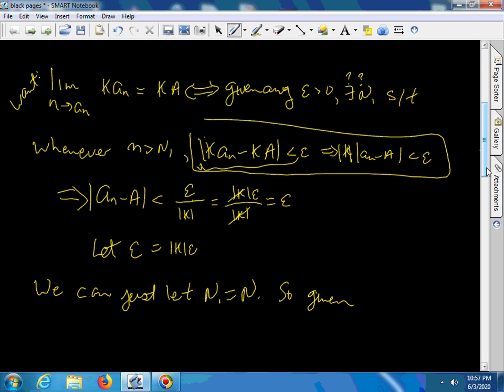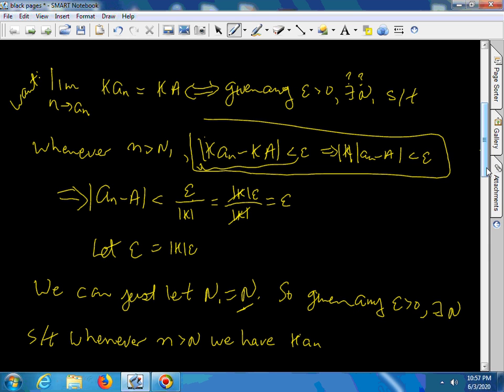So, given any epsilon greater than 0, there exists an N, this N, such that whenever n is sufficiently large, we have that the absolute value of k times a sub n minus k times a is less than epsilon. That's exactly what we wanted to prove, and that completes the proof of the theorem.